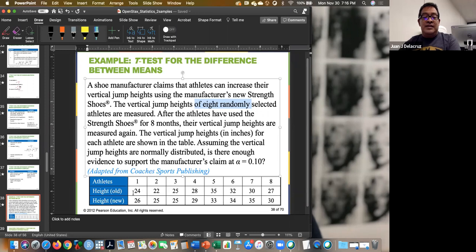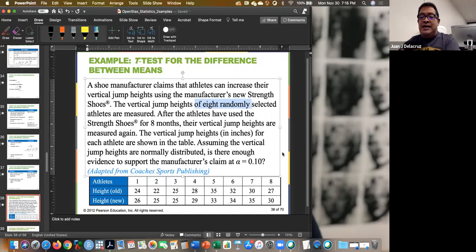The first person jumped as high as 24 inches. Now he or she is jumping 26. The second, same thing. The third, no difference. The fourth, very little difference. The fifth is not doing very well. She or he jumped less than before. So we have different cases here.